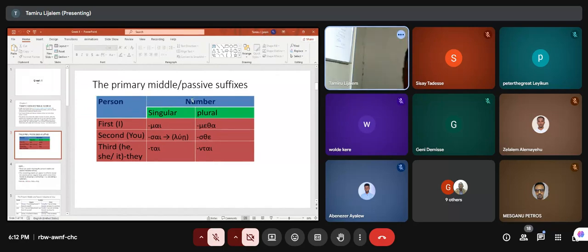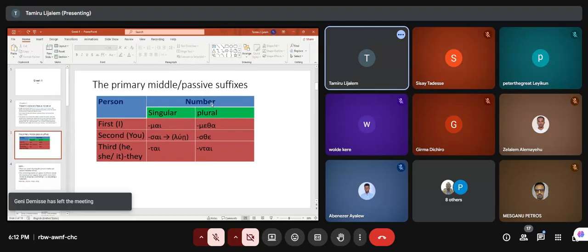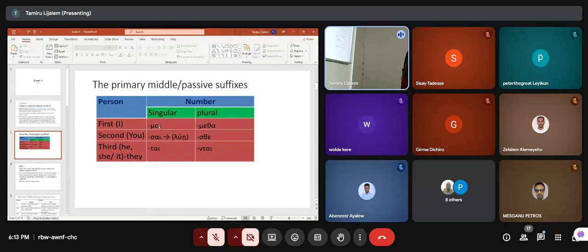So the primary, middle, or passive suffixes: the first person singular, as I discussed before, is "I." The suffix that is added for the first person singular is mai. It is pronounced as mai. This is mu, this is alpha, this one is iota. The plural form of the first person is "we."